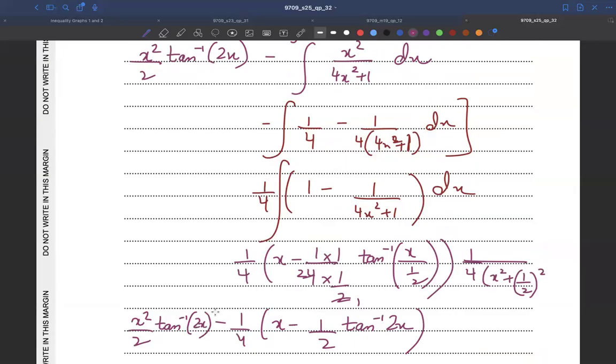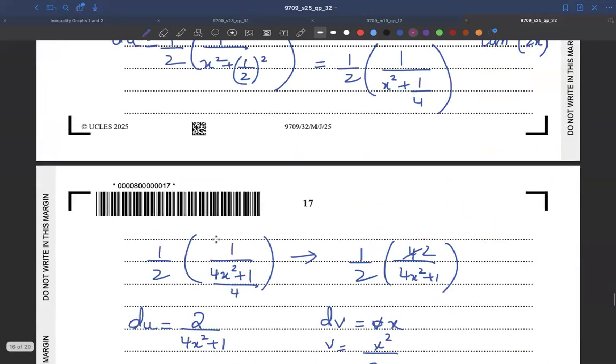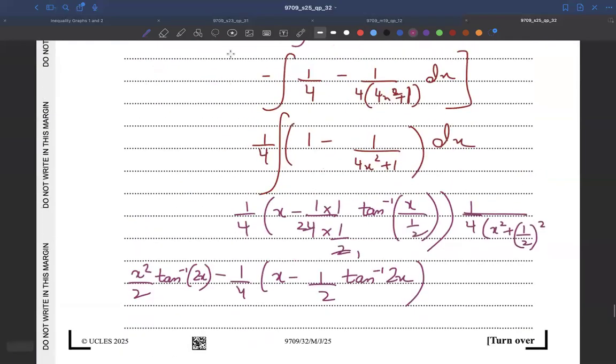And do we have to put the limits as well? Oh, wow. We have to put 0.5 and 0 as well. So we'll have to make some space over here. Now let's put in the limits. So the final expression, let's write down first. That is x square upon 2, and I hope I haven't forgotten this 1 upon 4 over here.